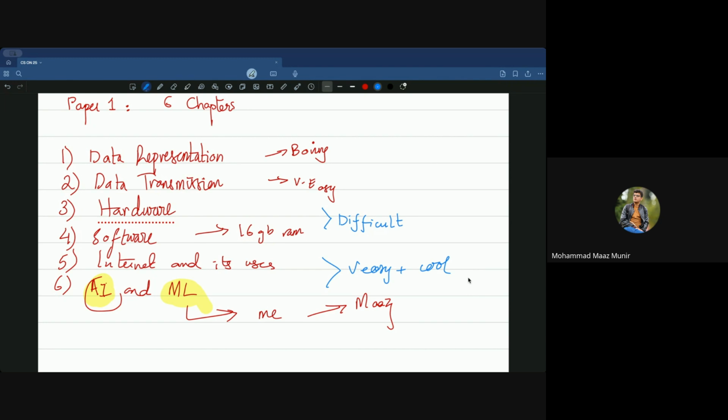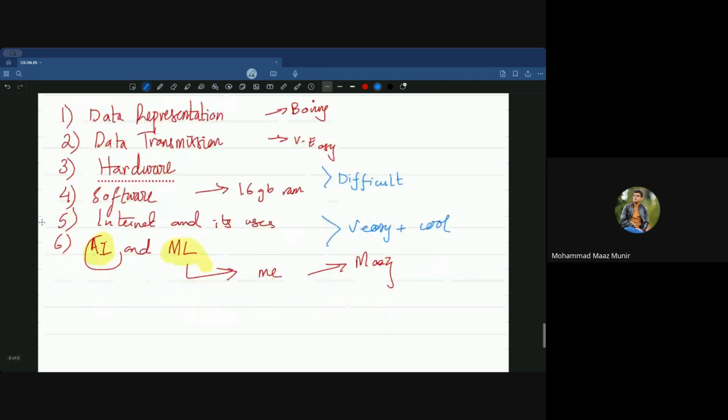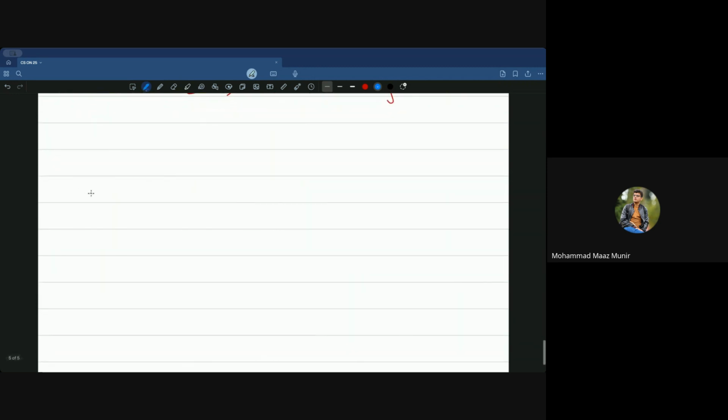And then coming quickly to the programming and paper 2 stuff. Just a moment. Okay. So paper 2, the same course, same book. We are going to be continuing from chapter number 7. Chapter number 7 is basically algorithm design.